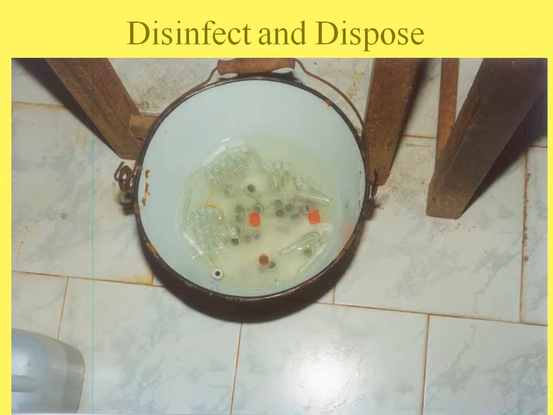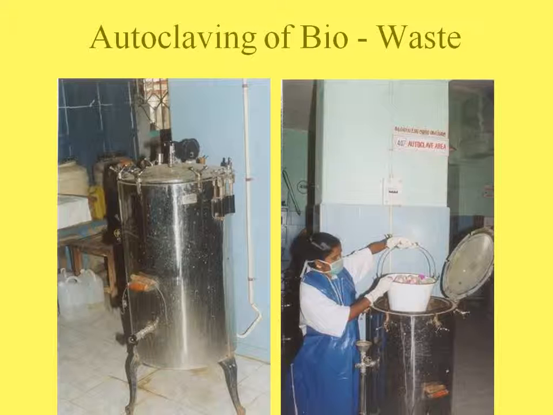Disinfect, right? Put it into chlorine, hypochlorite. Autoclaving biowaste, they do that also. Autoclave bottles and all that, what we use for blood collection. We do that in the hospital. Small bottles, thousands of them, to collect blood.